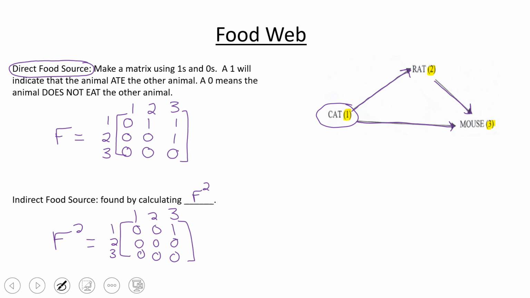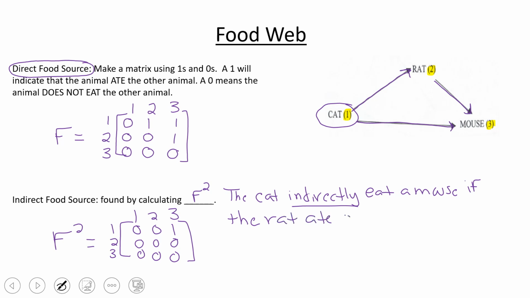So what this means is the cat indirectly, so this isn't meaning the cat eats a mouse. That is direct, right? The cat can eat a mouse, but the cat can indirectly eat a mouse if the rat ate a mouse and then the cat ate that rat.